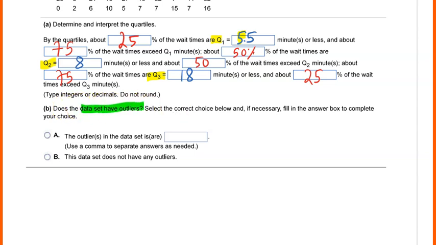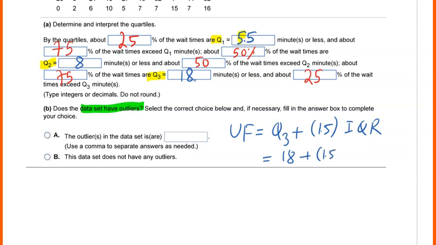To check for outliers, you have to find the fences. Let's find the upper fence, UF, with the formula Q3 plus 1.5 times IQR, and Q3 here is 18 plus 1.5 times IQR. No, let's find the IQR first.